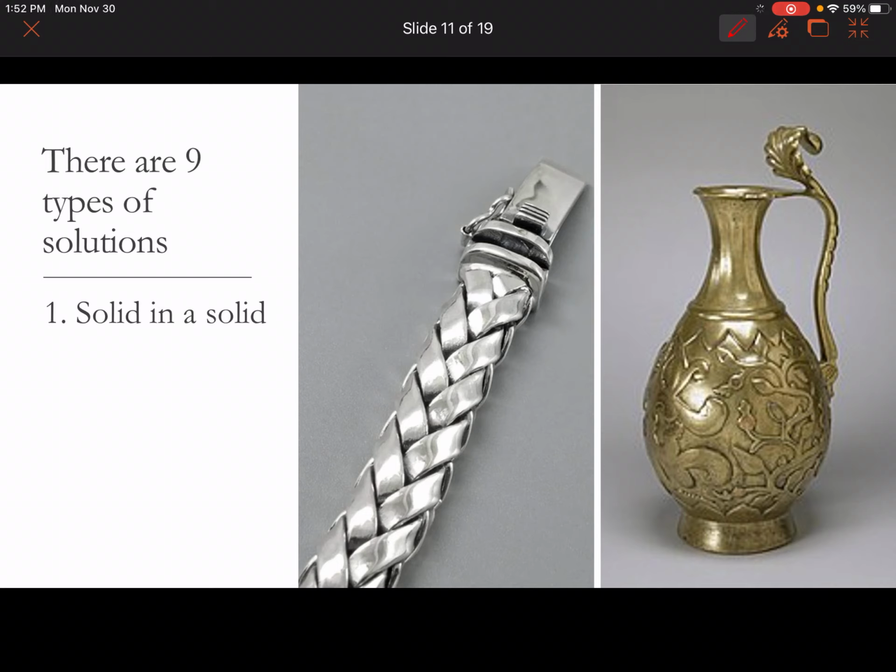So this here is our sterling silver. So sterling silver is, all right, copper in silver. So that would be copper in Ag, and that's what sterling silver is.